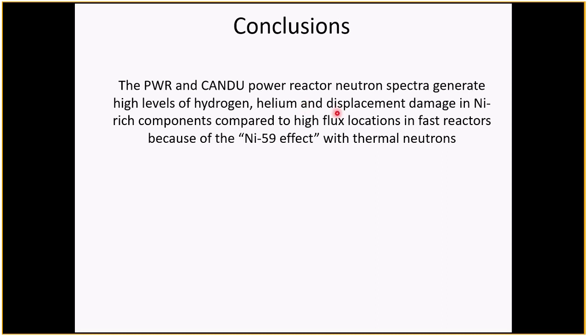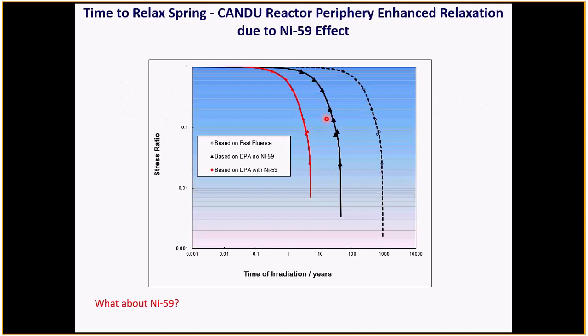A rule of thumb in a CANDU reactor, for example, after 4 or 5 years of operation, when you've built up a sufficient nickel 59, the displacement damage rate doubles with nickel 59. So whatever you had without considering nickel 59, it doubles in the reactor core. You might say, well, that doesn't sound like the same here. No, because here we have a very different spectrum.